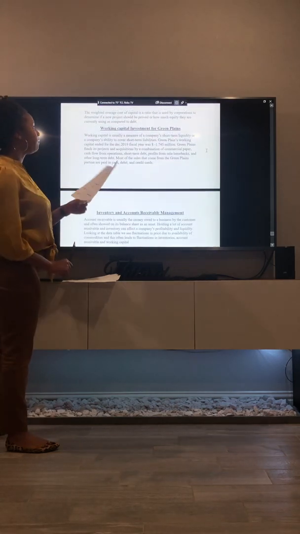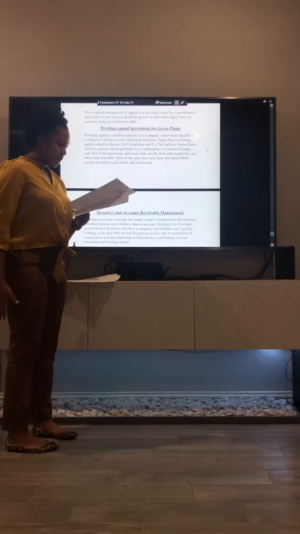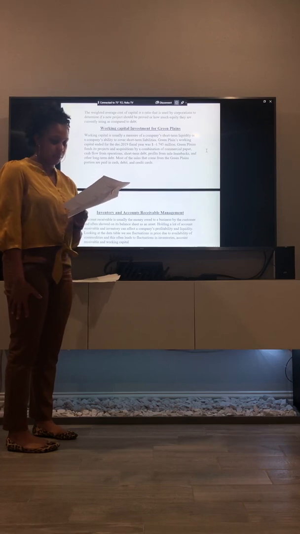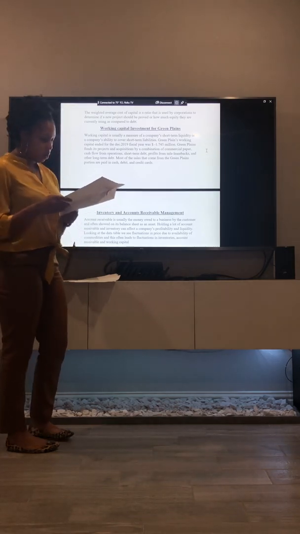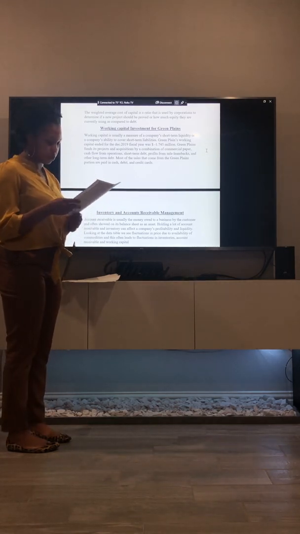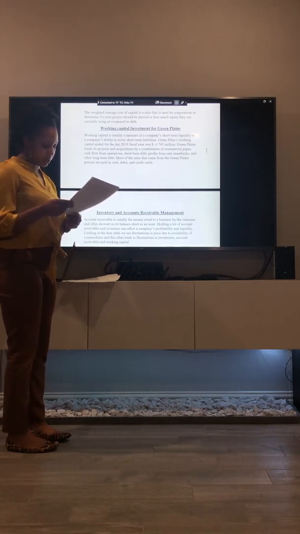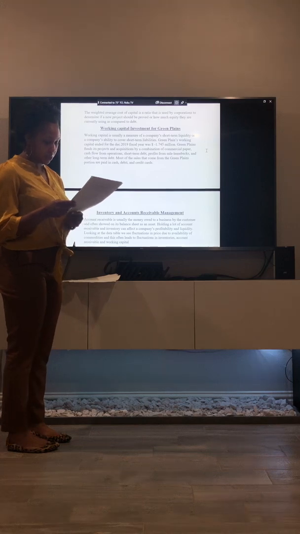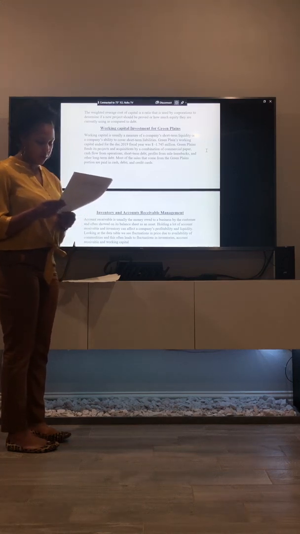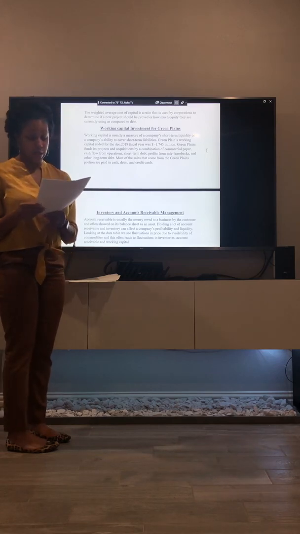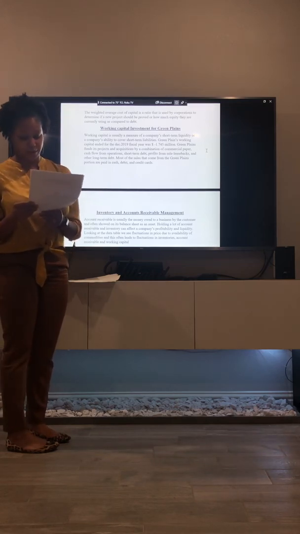My working capital investment for the Green Plans. Working capital is usually a measurement of a company's short-term liquidity, or a company's ability to cover short-term liabilities. Green Plans working capital ended for the 2019 fiscal year was negative $1.745 million.